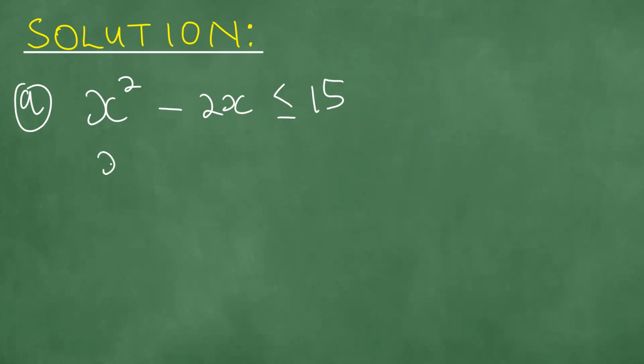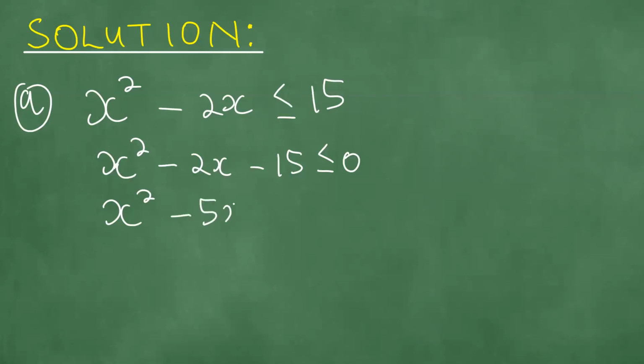You need to first transpose the 15 so that you have x squared minus twice x minus 15 is less or equal to 0. We multiply x squared with 15 and we obtain minus 15x squared. We look for two expressions whose product is minus 15x squared, but whose sum is minus 2, which is minus 5x plus 3x minus 15 is less or equal to 0.